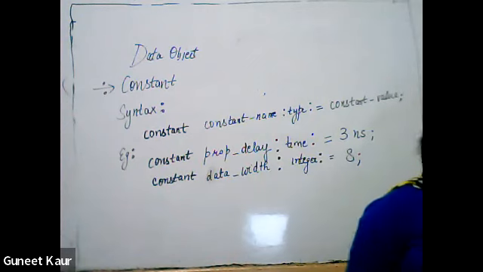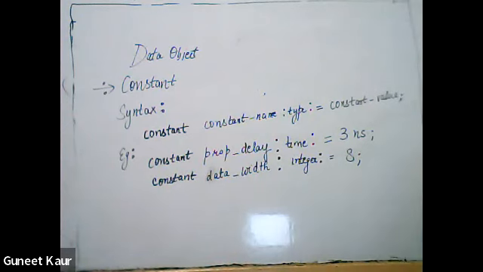But when we declare a constant in a package, it will be truly global. Means any architecture or entity can access it. So when it is declared in a package, it is truly global, as the package can be used by many entities.